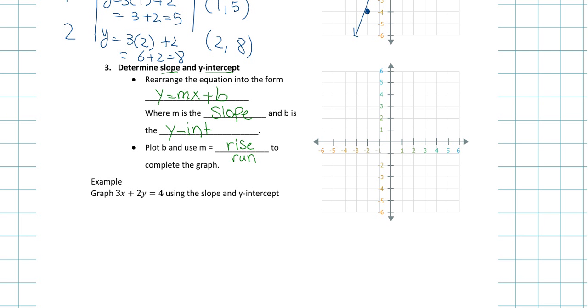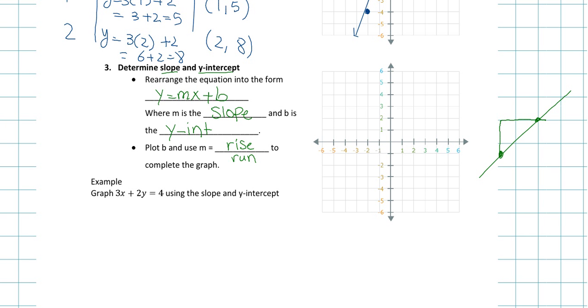That's the same thing when we're talking about a line. If I have a line, I can look at 2 points, and I can describe how much it went up by and how much it ran by. That's what rise over run means, and that describes the slope of my line.